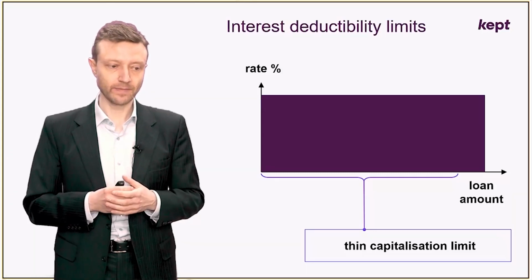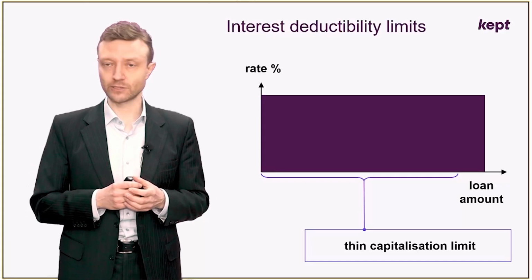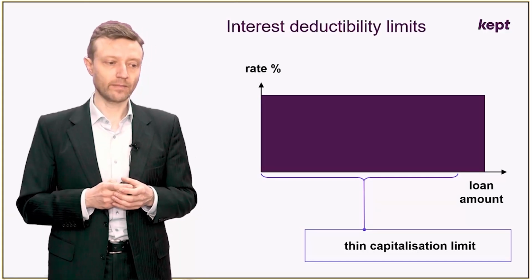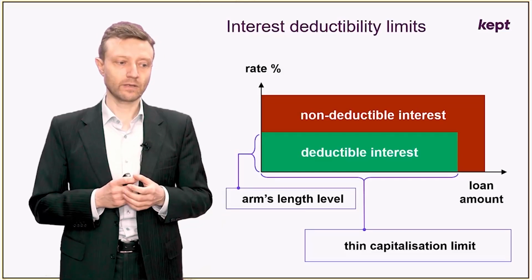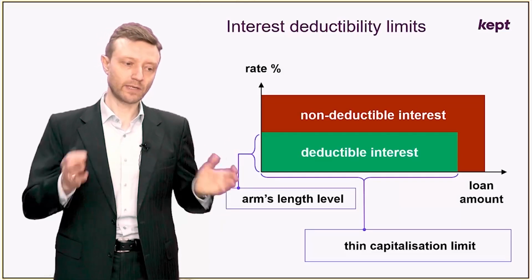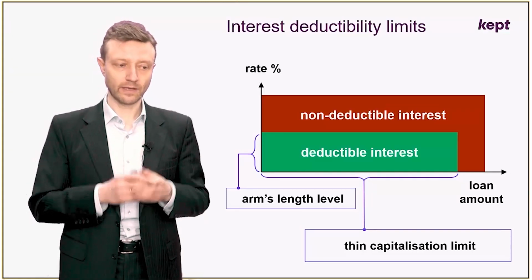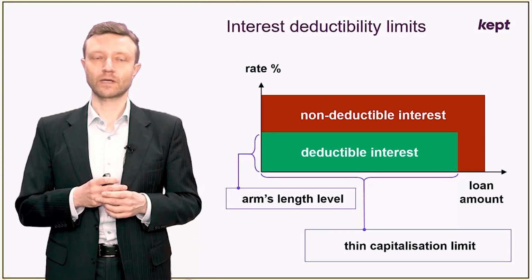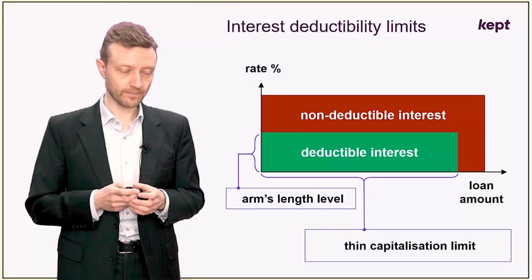This is how thin capitalization rules work in Russia. And as a result, as is shown on this slide, the deductible interest is only part of the overall interest that is accrued, and some part of the accrued interest is non-deductible.